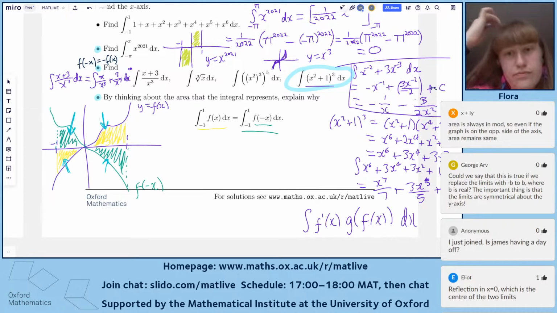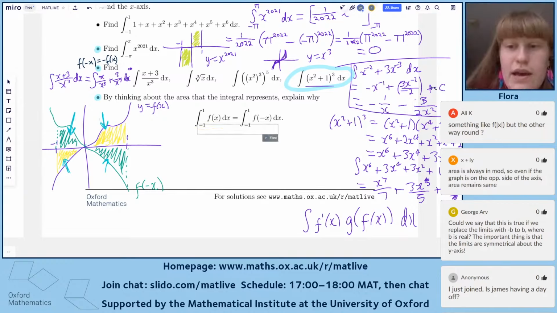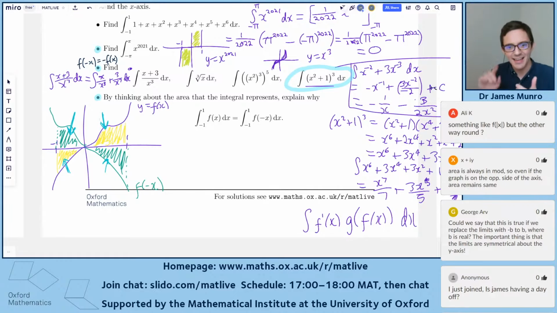Brilliant. Love it. I really like that, because it looks complicated, but when you think about it graphically, it makes complete sense. Yeah, it sort of doesn't even matter where the blobs are. We've got an example drawn, but it doesn't matter where the bits of positive and negative area are. If it's all positive area, then it just flips around.